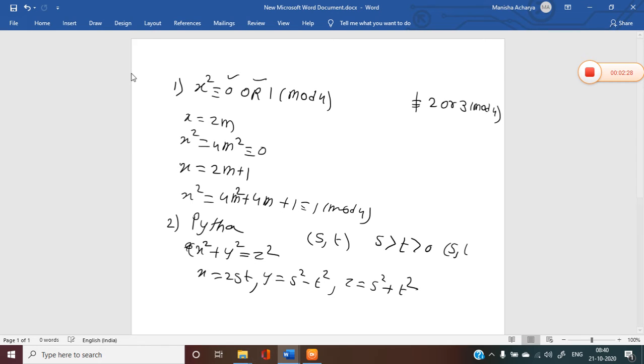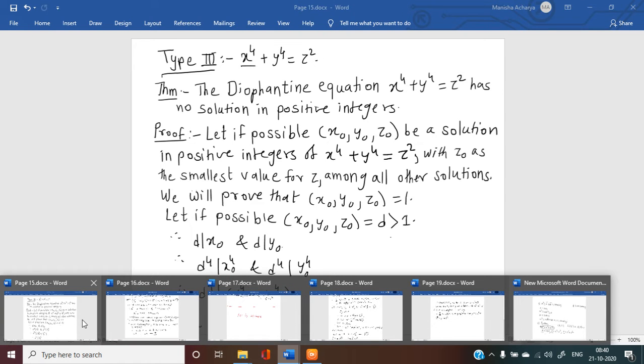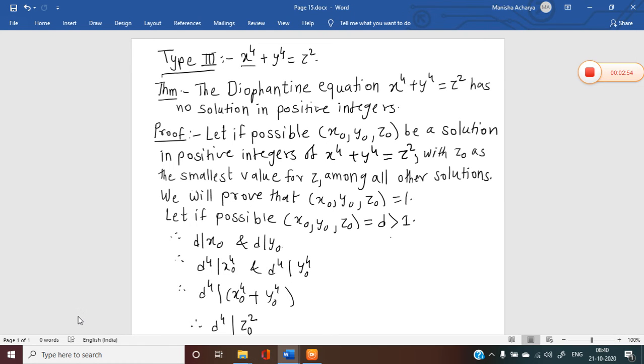S and t are of opposite parity, and therefore they are relatively prime. And x, y, z with these values satisfy the Pythagorean triplet. We are going to use this result for proving the theorem on the Diophantine equation of type 3. So please remember these two things, and let us start with the proof.